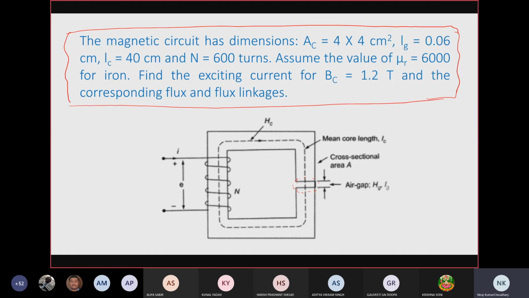Here in the magnetic circuit there is a cut, and in that cut you have an air gap as the medium, right? But even after that, let us consider that no leakage of flux takes place.